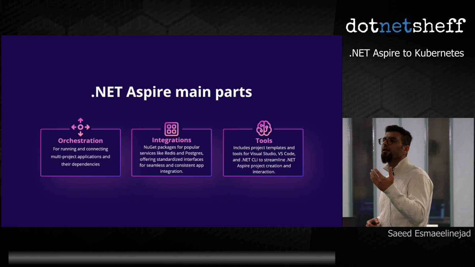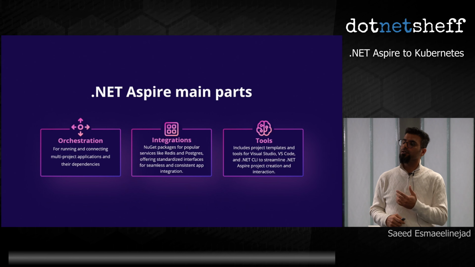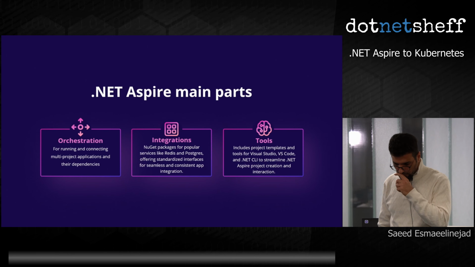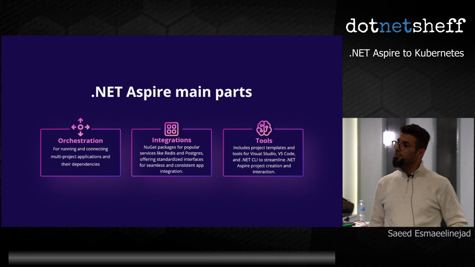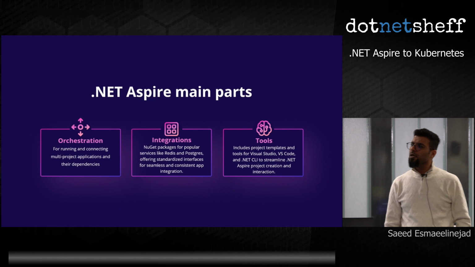And we have integrations. I remember at the beginning they were called components in the preview release, but they changed it to integrations for the stable version, a better name, I think. That is the part where lots of integrations are available just by adding a NuGet package to your project.